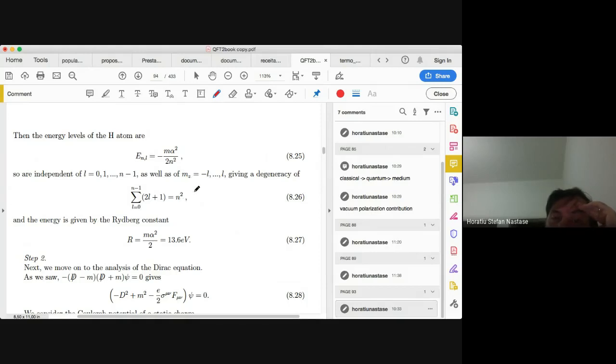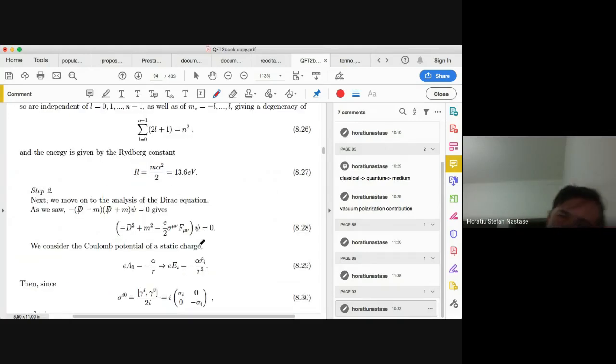And the energy of the ground state of the hydrogen atom is minus the Rydberg constant, m alpha squared over 2, and it's approximately 13.6 electron volts.